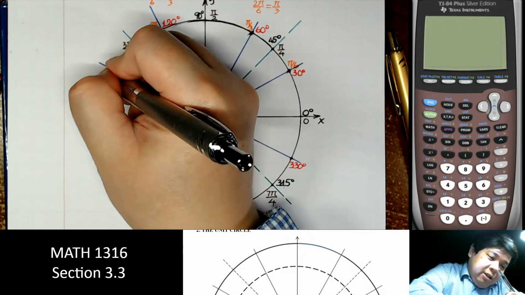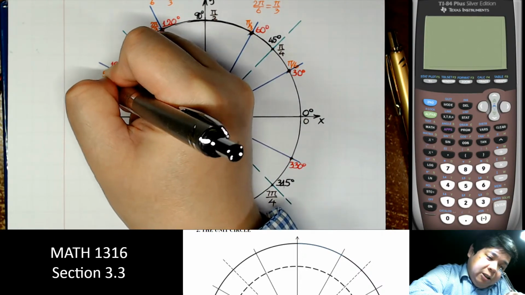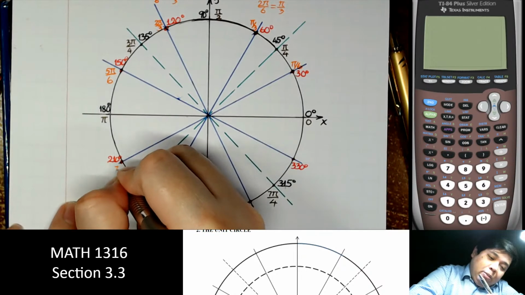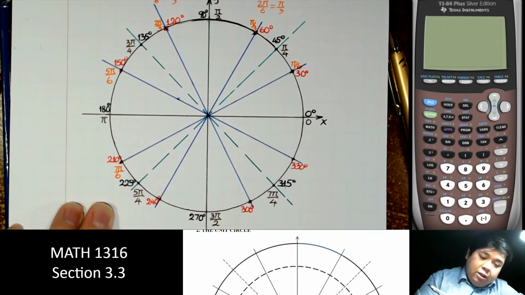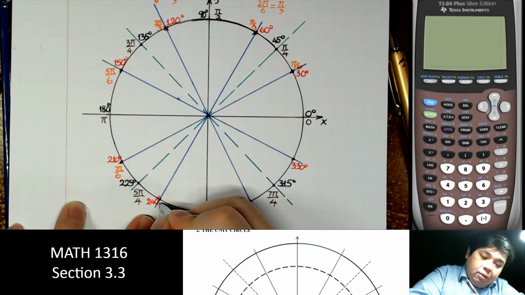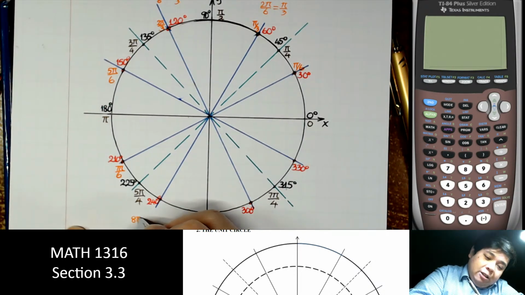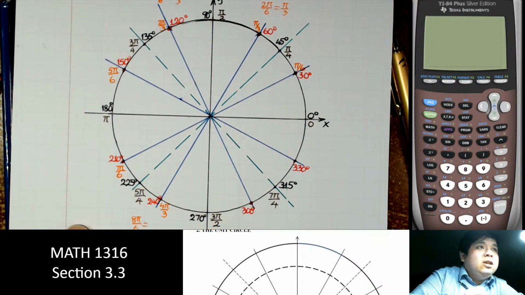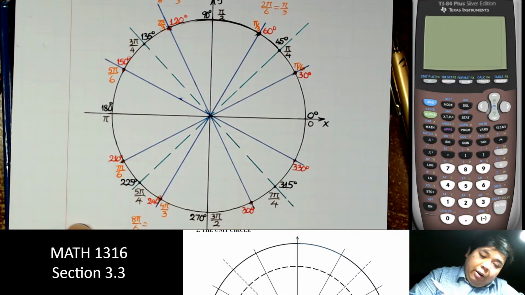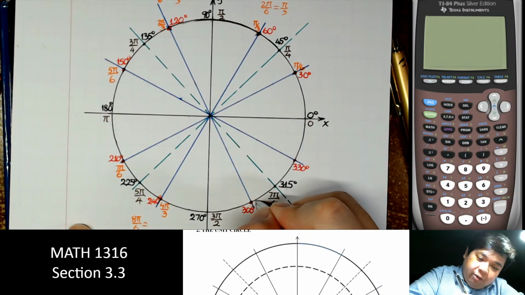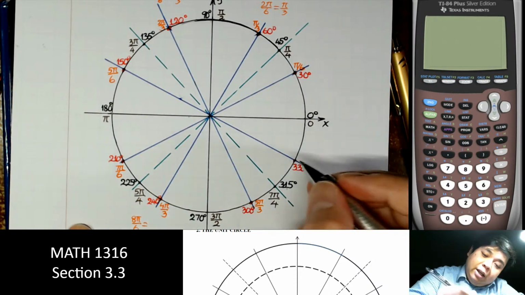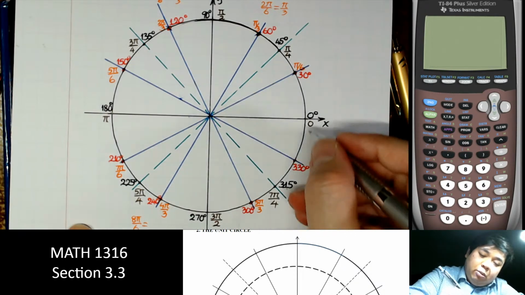So 4 pi over 6, 5 pi over 6, 6 pi over 6, 7 pi over 6, 8 pi over 6 is 4 pi over 3. 9 pi over 6 is 3 pi over 2, 10 pi over 6, so 5 pi over 3, and 11 pi over 6.